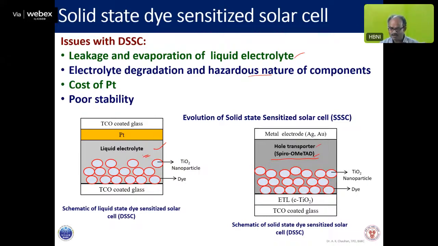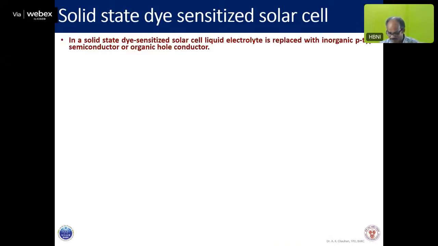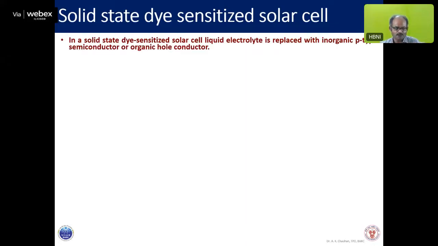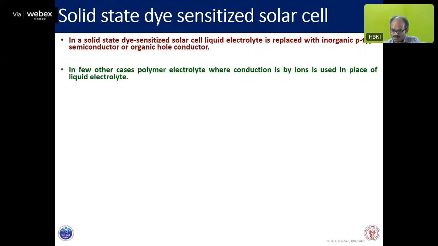So this way we can make a solid state dye sensitized solar cell where liquid is not there. So this problem of liquid is removed, but this is also a very unstable material. In a solid state dye sensitized solar cell, the liquid electrolyte is replaced with an inorganic p-type semiconductor or an organic hole conductor.